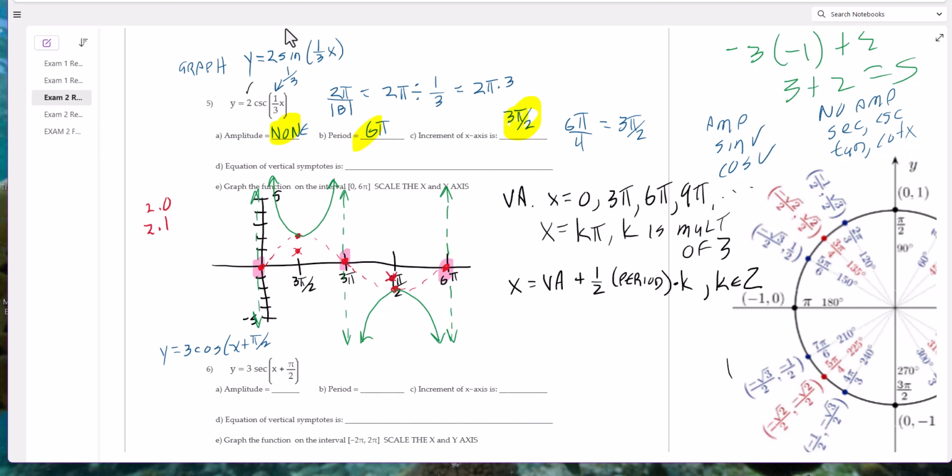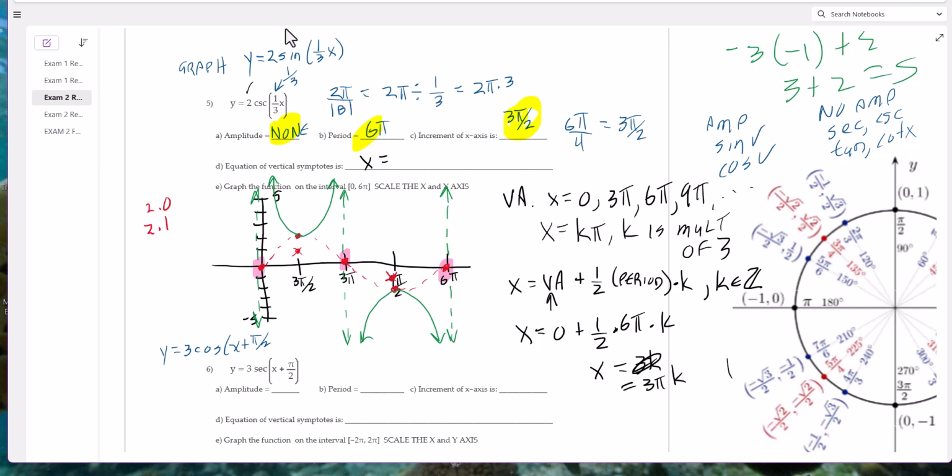So I have x equals 0 plus 1/2 the period. The period is 6 pi times k. So I get x equals 3 pi k, where k is an integer. Okay, so I'll just write this as x equals 3 pi k, k is an integer.